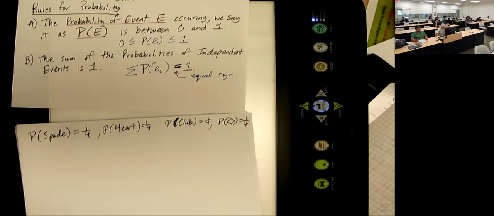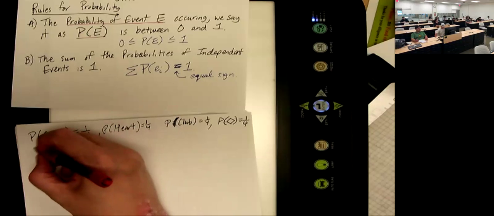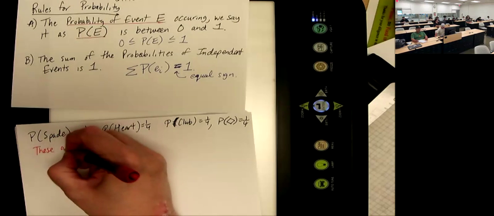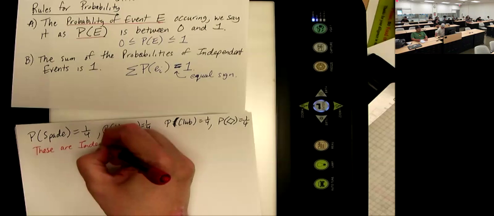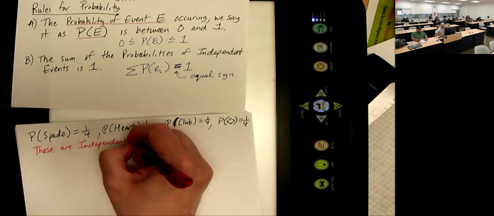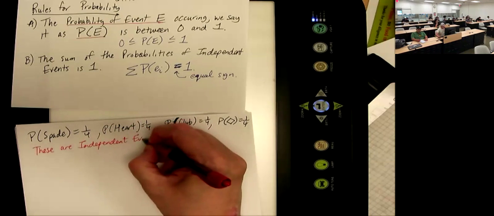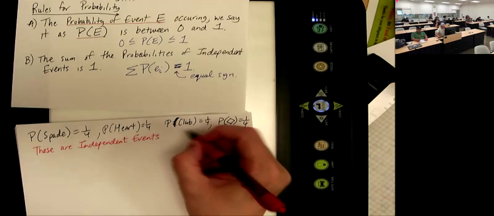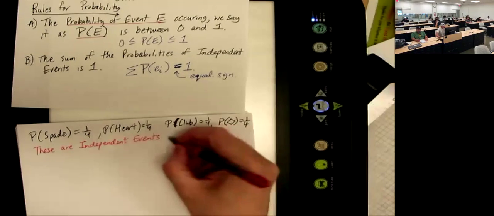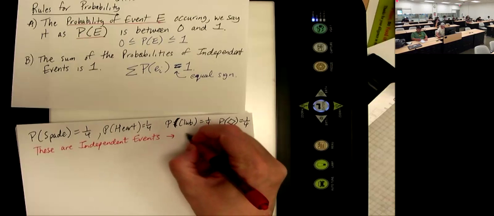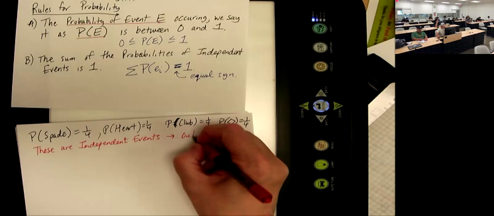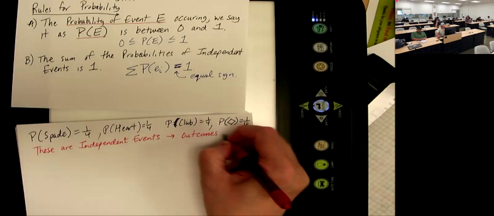These are all independent events. And we'll go over more about independent events next week, but the idea is outcomes in one event are not in any of the others.